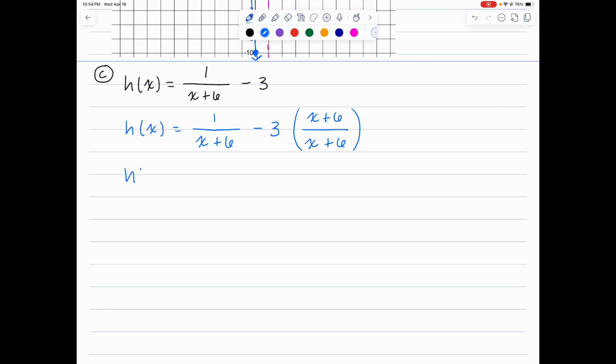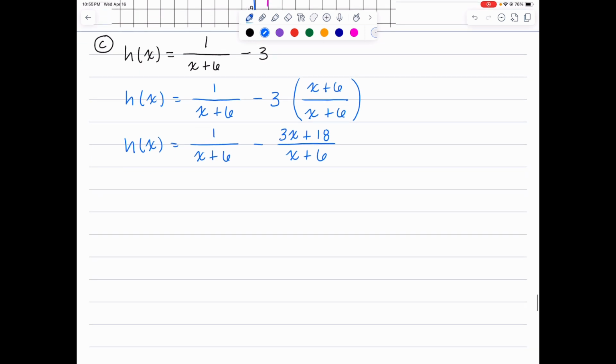So I get h of x now equals 1 over x plus 6, and then minus, over x plus 6, 3x plus 3 times 6, which is 18. Okay? And now I'm going to distribute my negative sign through.